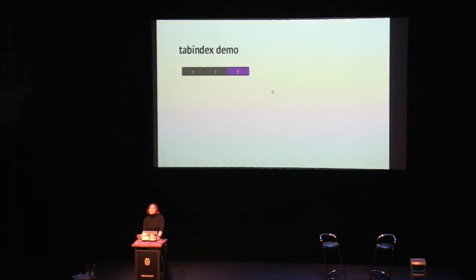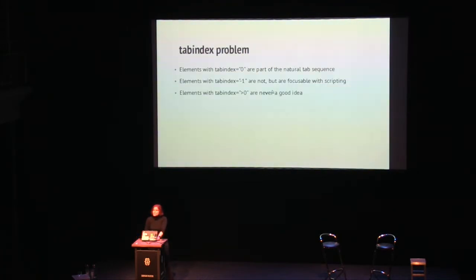Again, we've got this problem where once you start to force a tab order, you've got to do it for the entirety of the interface. You've literally got to control the tab index of everything, focusable natively or not. And that's a major headache. So tab index works in isolation, but the web isn't something that happens in isolation. So sadly, tab index really doesn't help all that much.